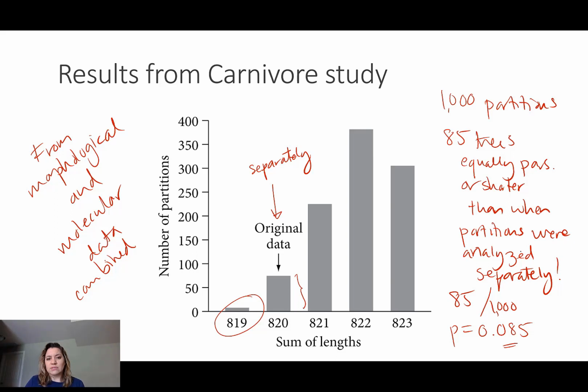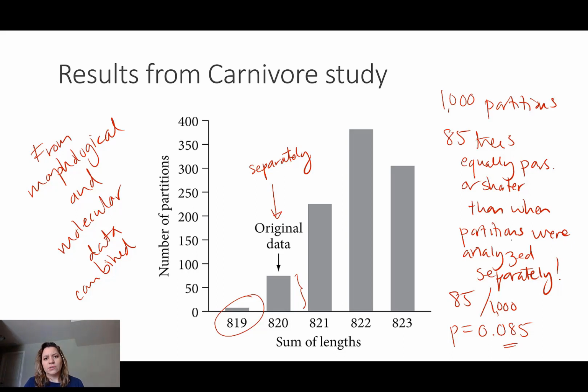Think about whether this is significant or not. Basically, what we can assume here, just based on the figure, is that you can combine the data and get shorter trees, or trees that are just as good as when you run them separately, or that the two data sets have about an 8.5% chance of having conflict.